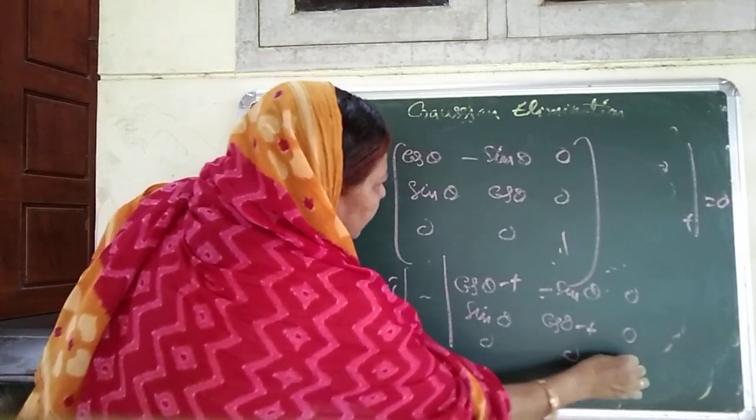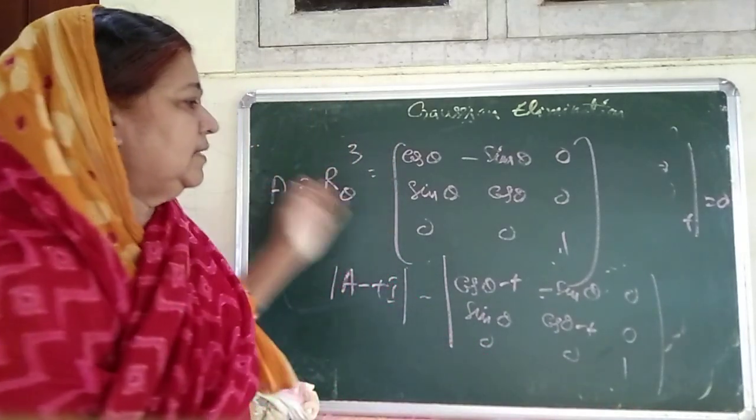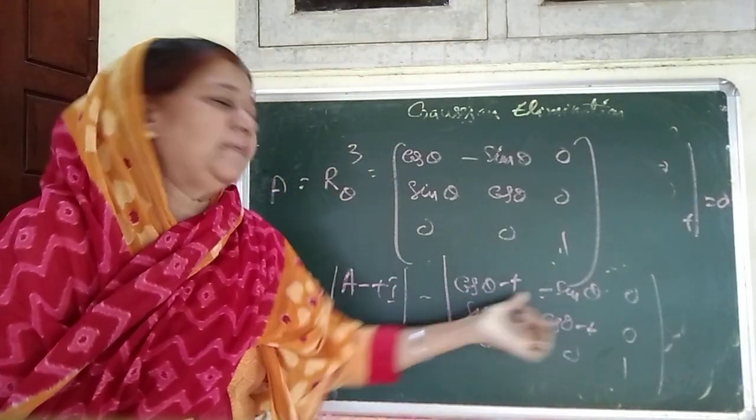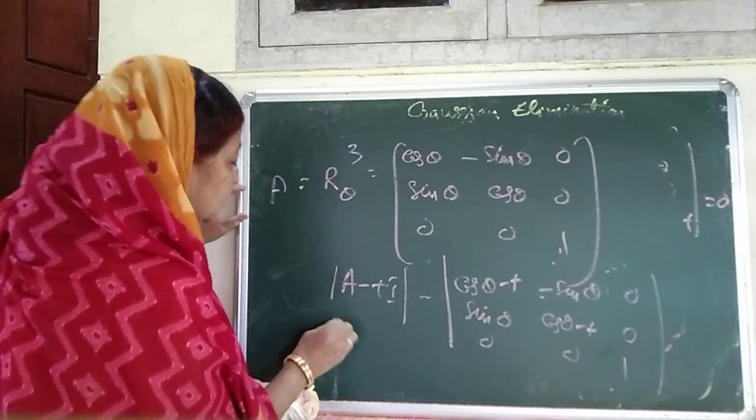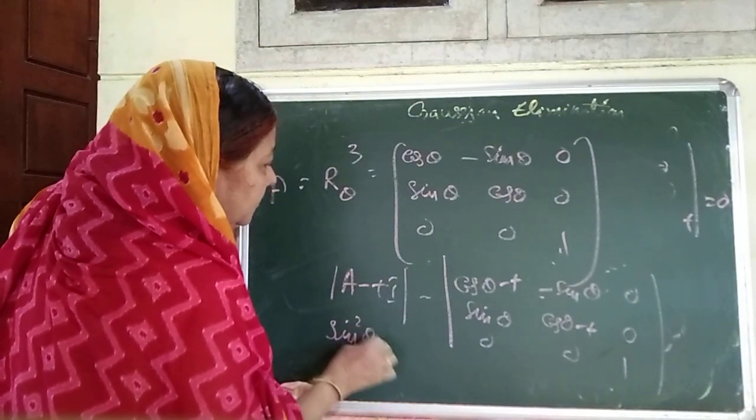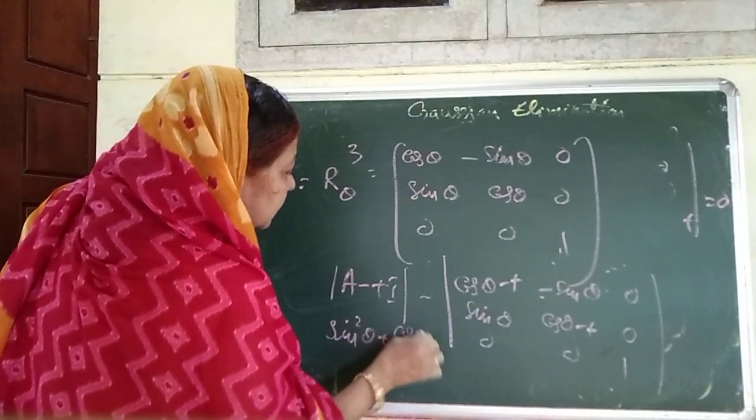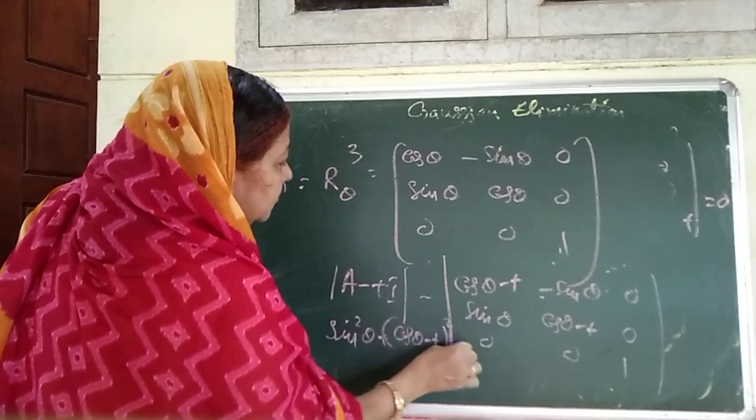Its determinant gives (cos theta minus t) squared plus sin squared theta equal to 0.